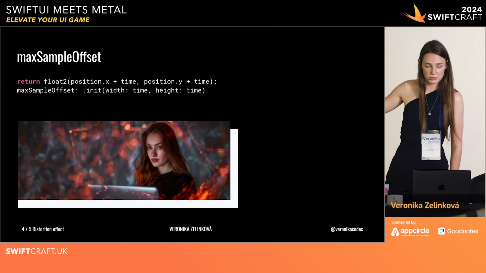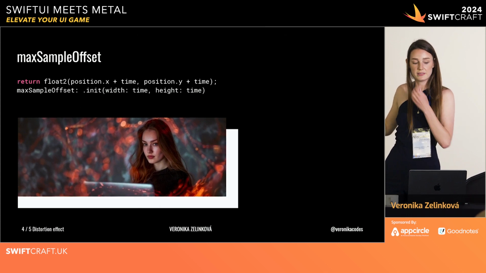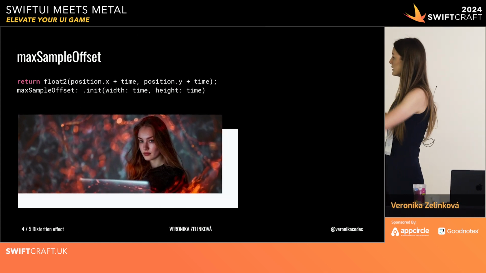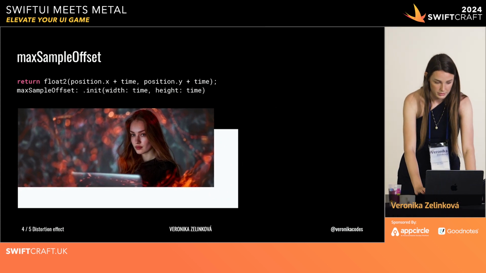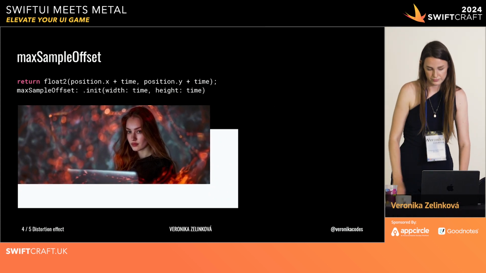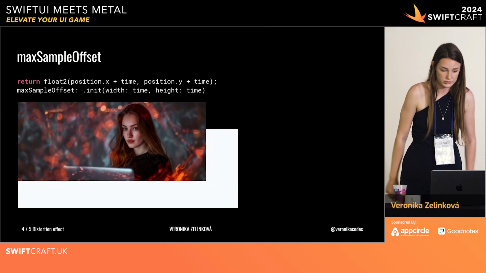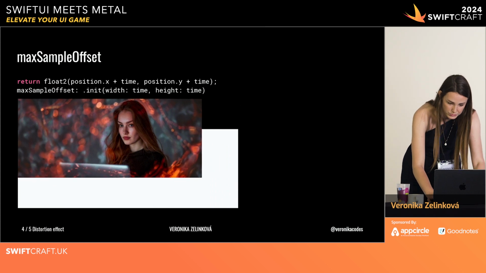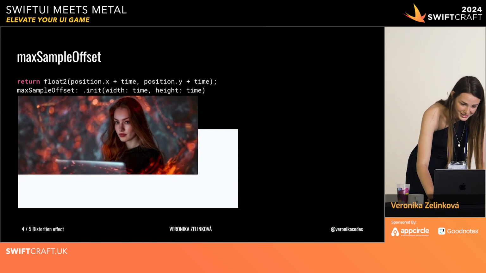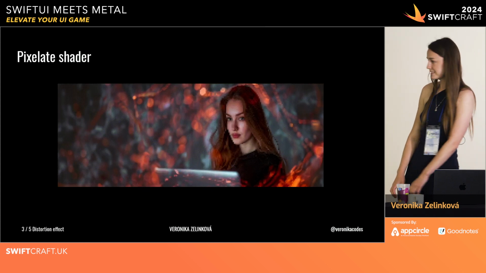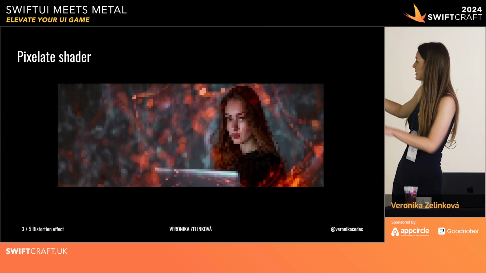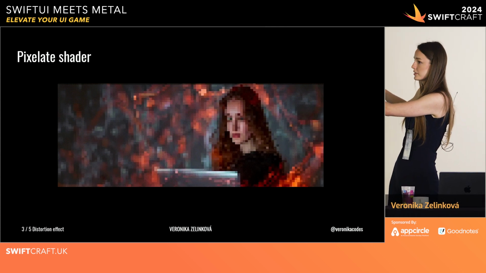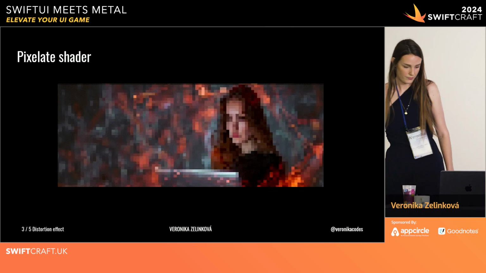But if we are also animating the max sample offset, it is not cropped anymore. So if the texture looks bad for you, just play around with the max sample offset, long story short. But let's create this pixelate shader. It's a shader which pixelates the texture over time.